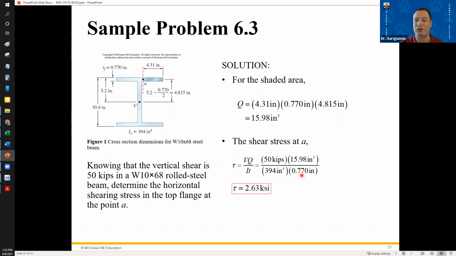This is just right out of your shear stress equations. And the thickness is, remember, the face that's seeing the shear. That's this face. That's that thickness, 0.770 inches. So we wind up with a shear of 2.63 KSI, or 1,000 pounds per square inch.